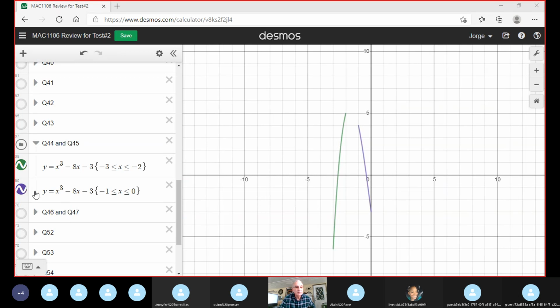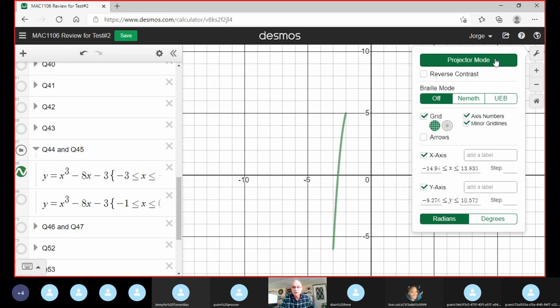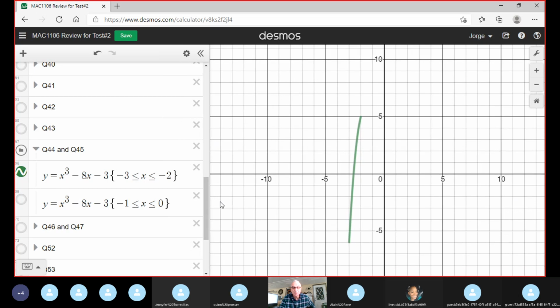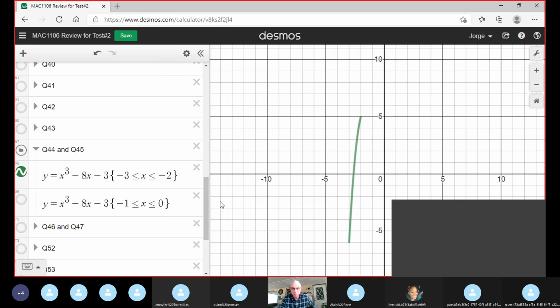Okay, forget about that part. Temporary. Let me put it in the projection mode to see much better. Okay, I copy my polynomial. Do you see decimal? Yes or no? Good.